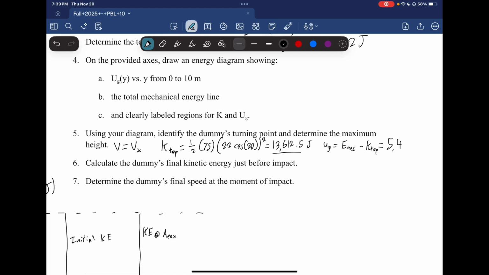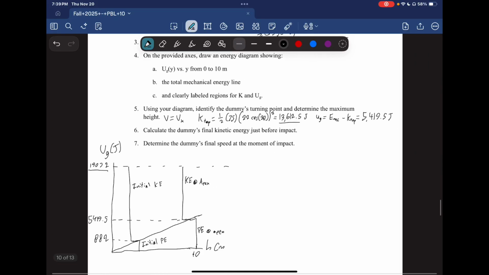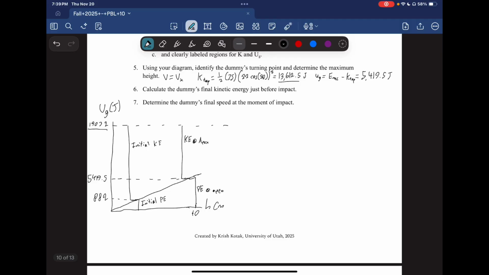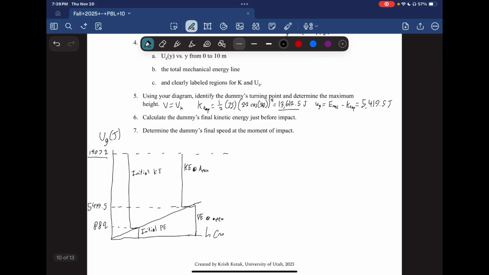So the potential energy at the top is that value, 5,419.5 joules. And I'm sorry, I misread the answers. This is not the potential energy at 10 meters, it's the potential energy at the top of the apex. But we put it into the graph anyways.